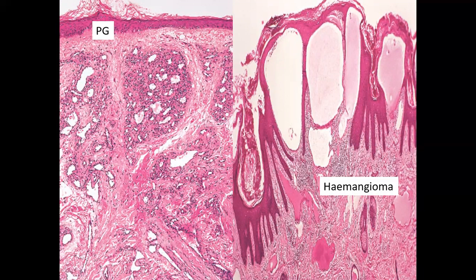Now we have come to the tumors which are originating from the blood vessels. So there are various different kinds of blood vessel tumors, but if we consider which tumors are important for the exam, then one of these is pyogenic granuloma, which is characterized by nests of benign-looking small capillaries.